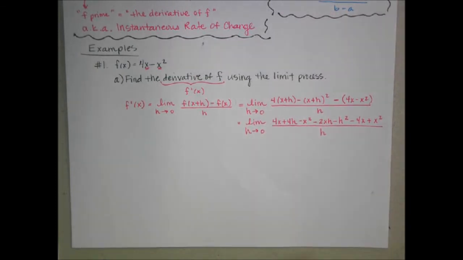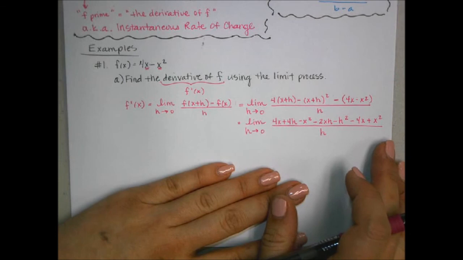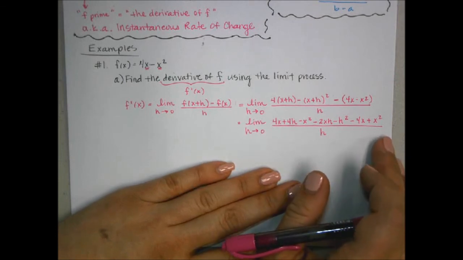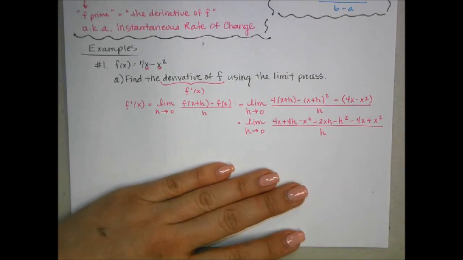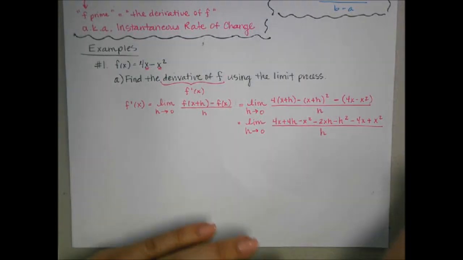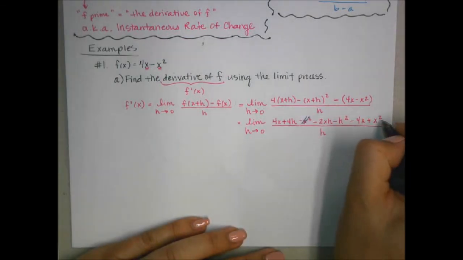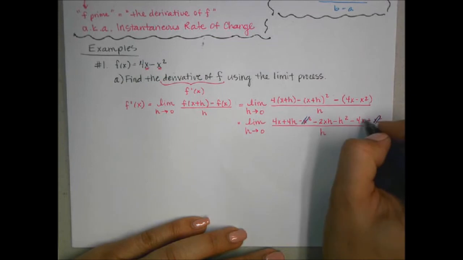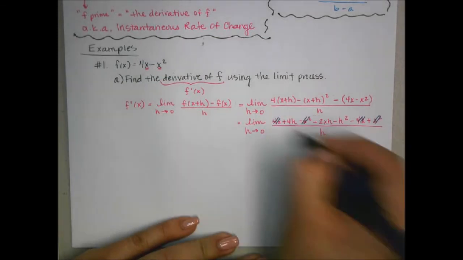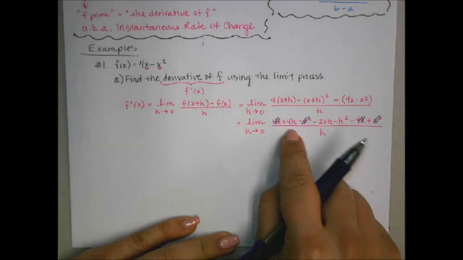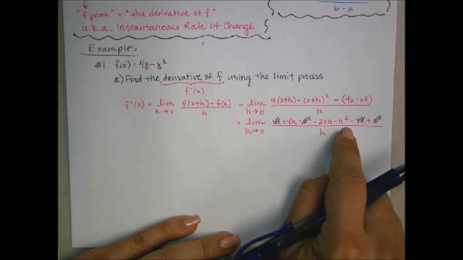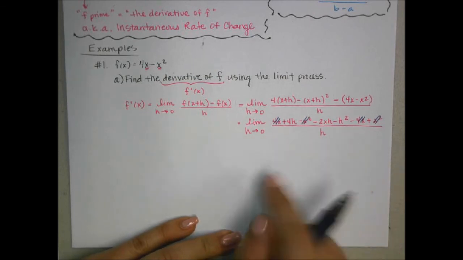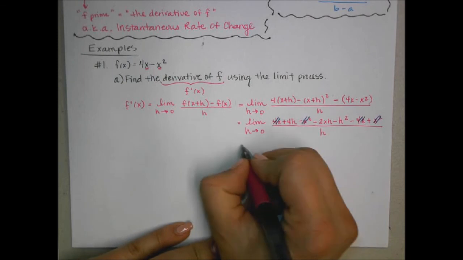So again, this is just some algebra cleanup here. We're looking for values that will drop out. So there's several. We can get rid of x squared terms, or x terms, and everything else, you'll notice, has an h remaining inside. So my next step, I'll go ahead and factor that h out.